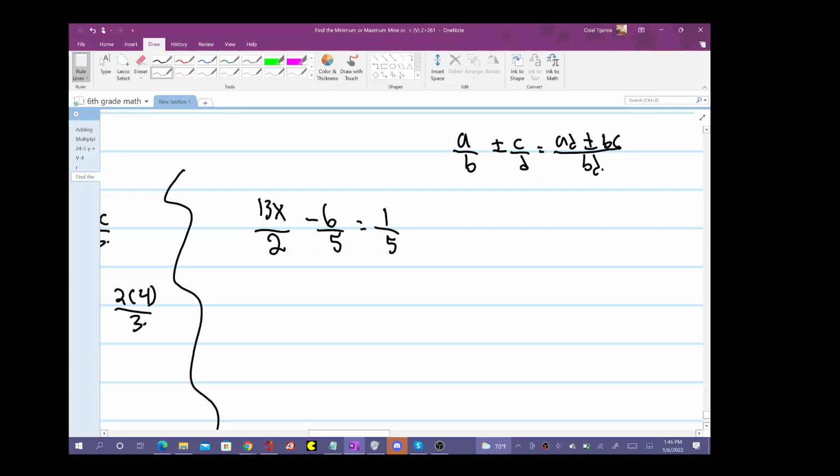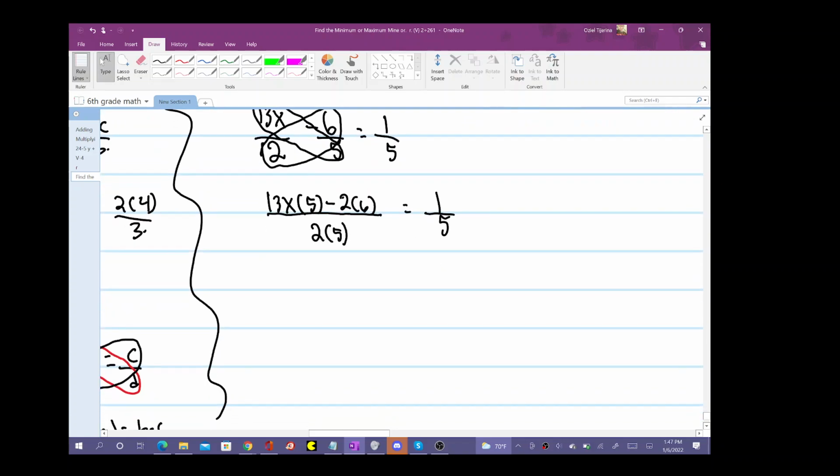So this is what it's going to be. 13x times 5, we're going to do this, right? Minus, we're going to do 2 times 6, all over 2 times 5, okay? And this is going to equal 1/5.